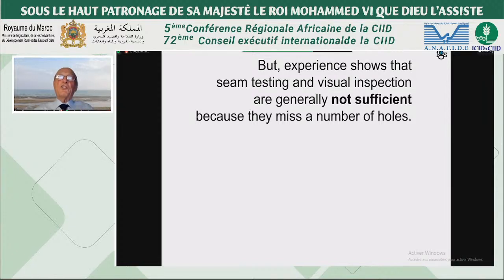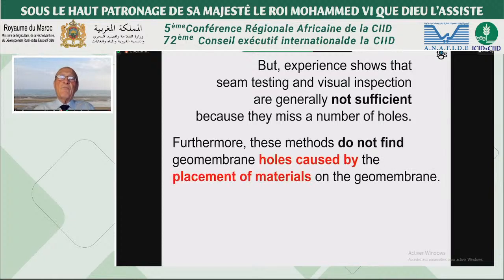But experience shows that seam testing and visual inspection are generally not sufficient because they miss a number of holes. Furthermore, these methods, of course, do not find geomembrane holes that are caused by the placement of materials on the geomembrane.